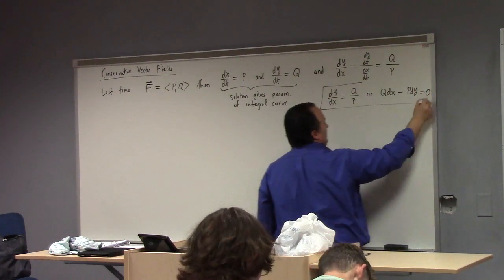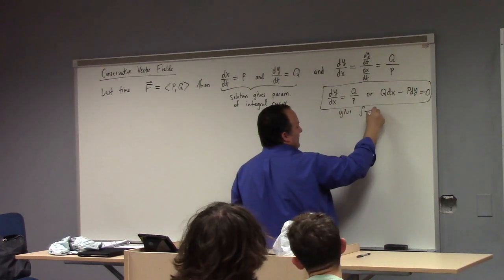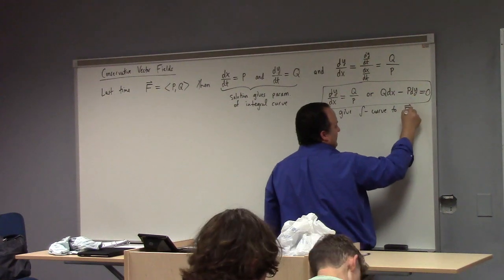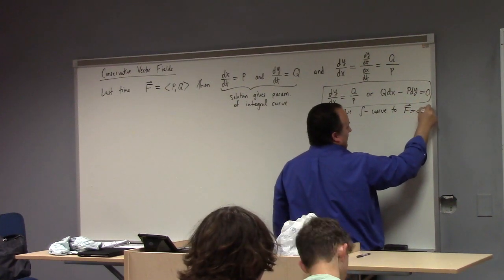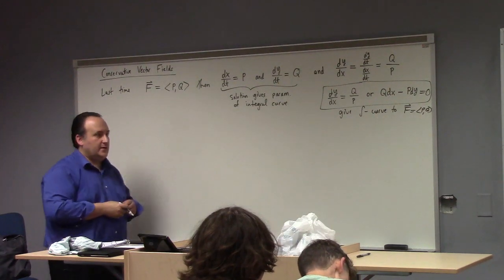You could solve either one of these. These give the integral curve to the vector field F equals (P, Q), right? Great. So that's just a quick review of what we talked about last class.